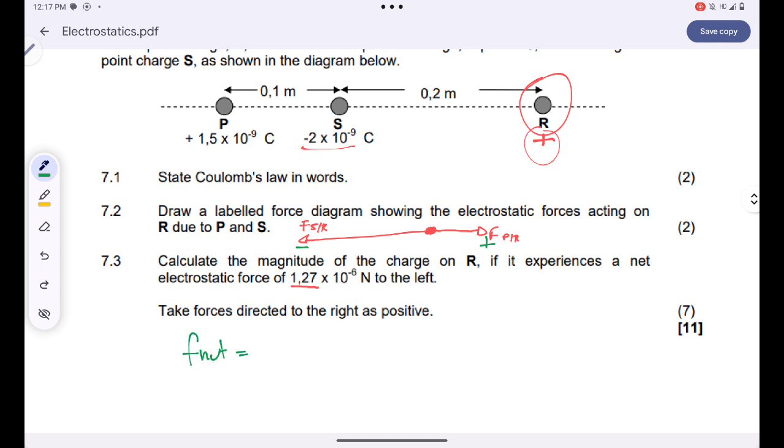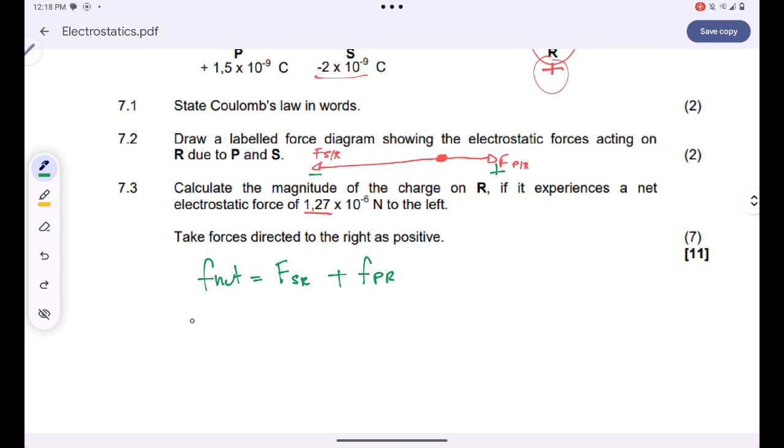F net is equal to the sum of all the forces in one dimension, right? F net is just the force between S and R plus the force between P and R.